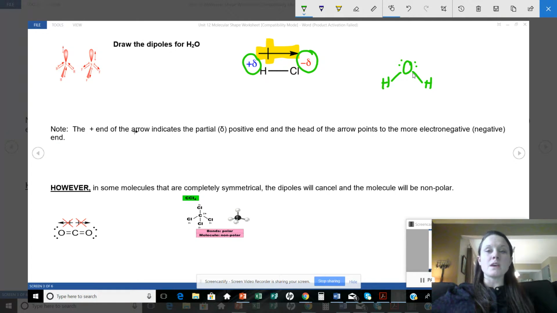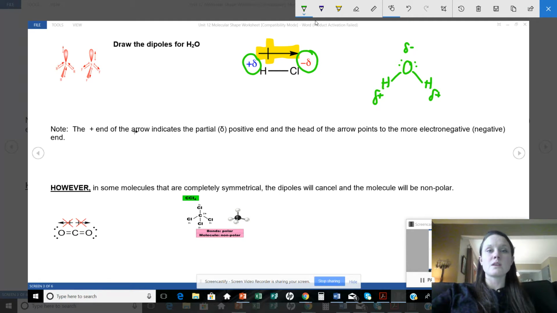And if you look at your electronegativity charts on your brown formula sheets, if you don't have those out, shuffle around, get those out now. When you get it out, you'll notice that oxygen is significantly more electronegative than hydrogen is, which means that the oxygen end of our water molecule is slightly negative and each hydrogen is slightly positive.